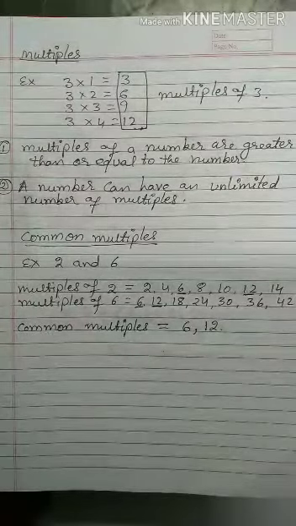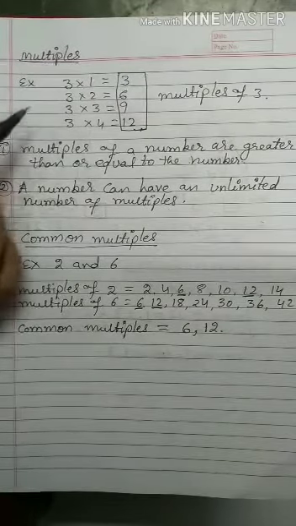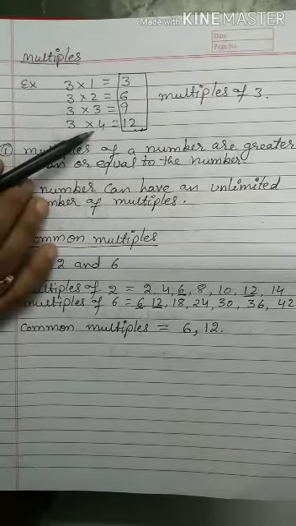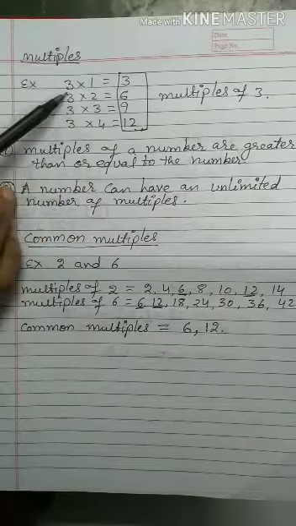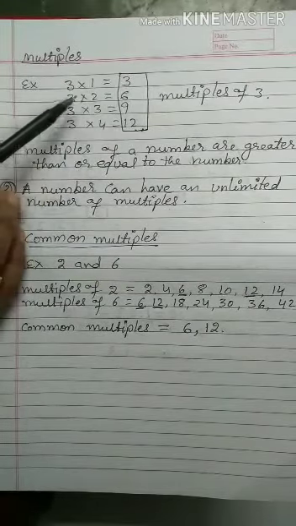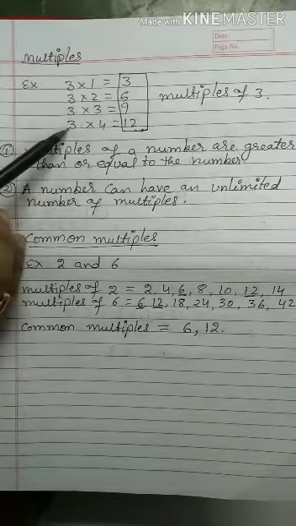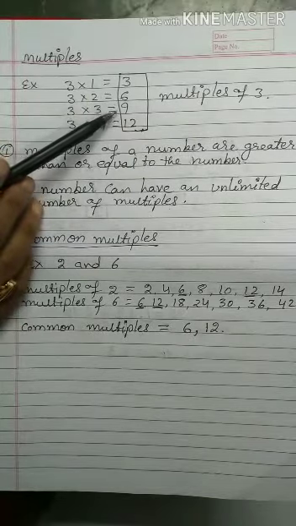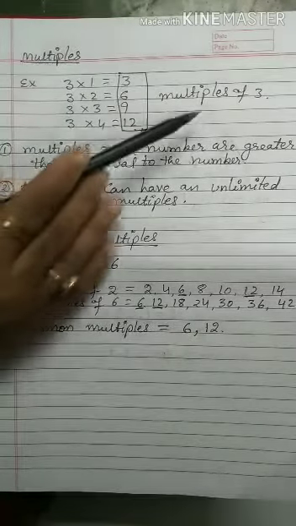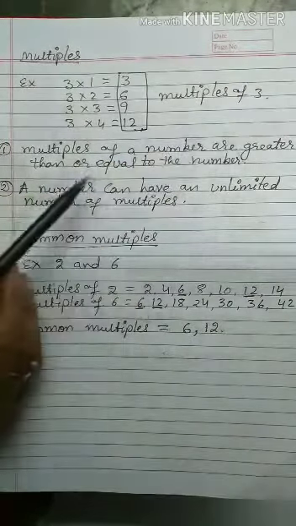Let's continue with multiples. How can we find multiples? When we multiply a number with another number, we get the multiples. For example, 3 times 1 is 3, 3 multiplied by 2 is 6, 3 multiplied by 3 is 9, 3 multiplied by 4 is 12. 3, 6, 9, 12 are the multiples of 3.